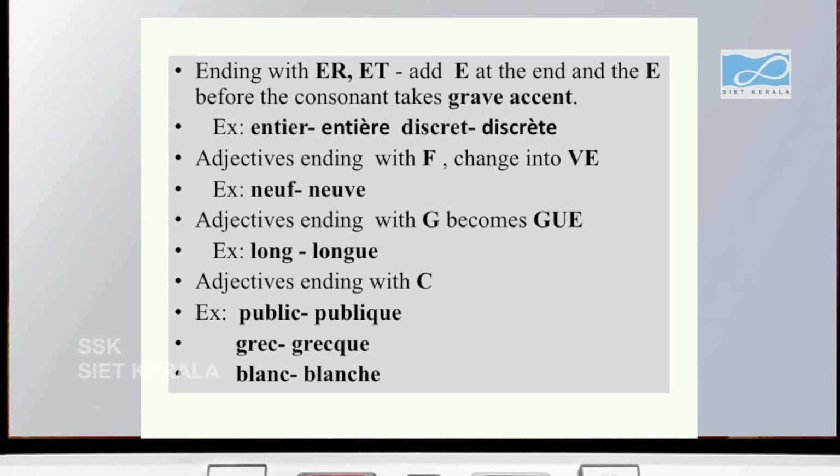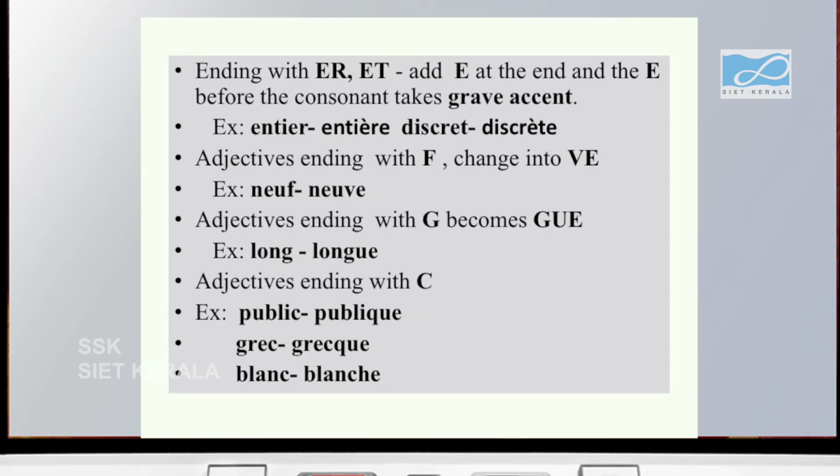So discrète. Okay, now adjectives ending in F, we have to change the F into VE. So nerveux, no, so neuf becomes neuve. Okay, that's new. Adjectives ending with G become G-U-E. For example, long becomes longue, L-O-N-G-U-E. Adjectives ending with C have a different pattern.